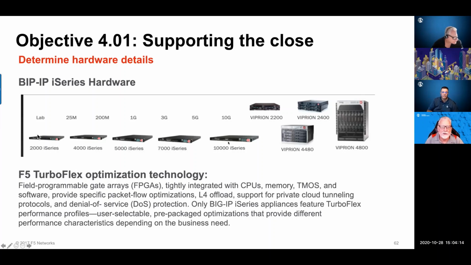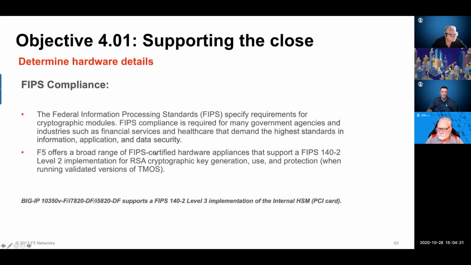You might get for the newer hardware, especially for the iSeries. Exactly. So you might get questions that have a spec they're looking for. You have to look and decide which one you think is the best. You might even get a table of recommendations. You've got to see which one you want to position, especially with FIPS. Go out and download this, and I put it here in the footnotes.